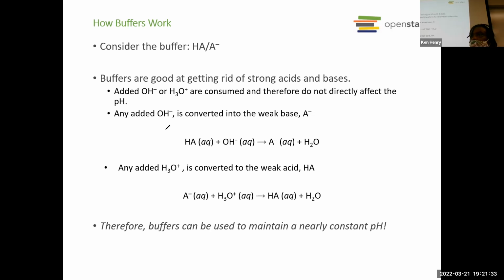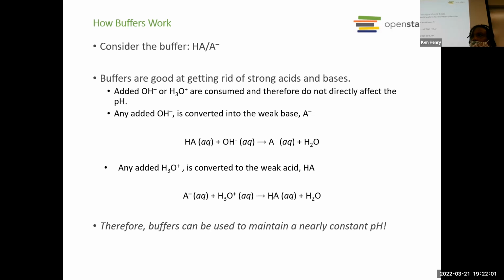Any added hydroxide is converted into a weak base, and any added hydronium ion is converted to a weak acid. In other words, it keeps everything neutral because it interacts with them.